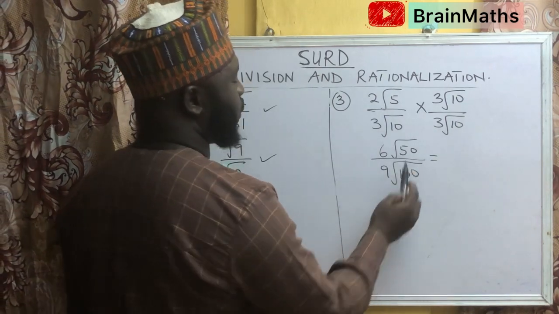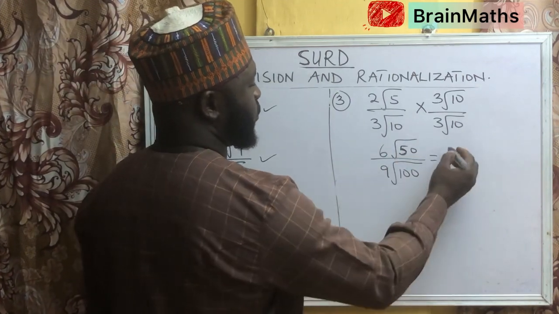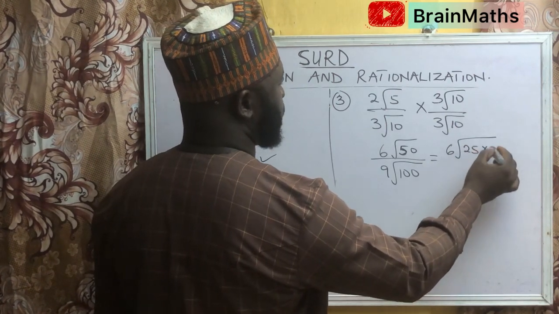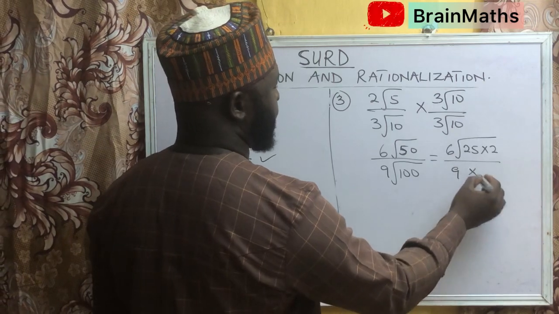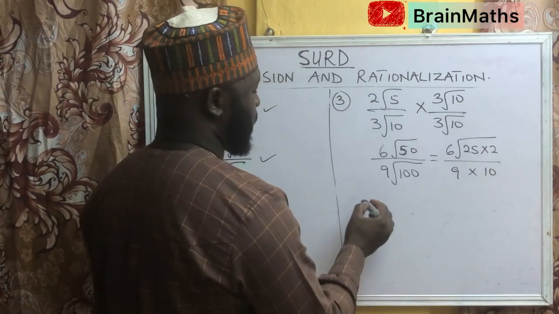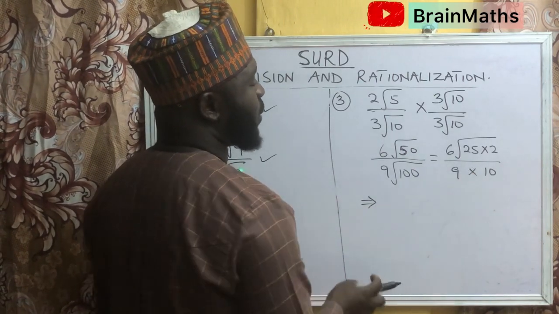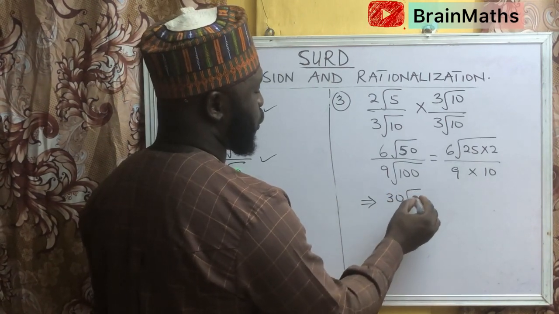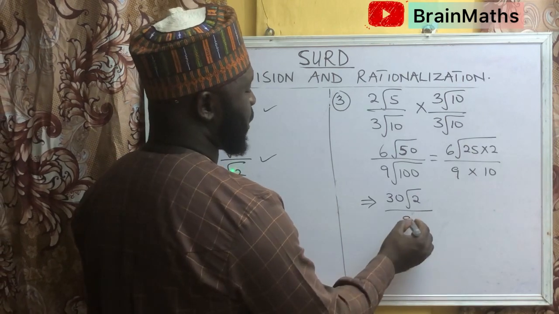So we can break 50 into products of 25 by 2, and we have 9 times square root of 100 is 10. So this is going to lead us into square root of 25 is 5. 5 times 6, 30, root 2, over 9 times 10, 90.